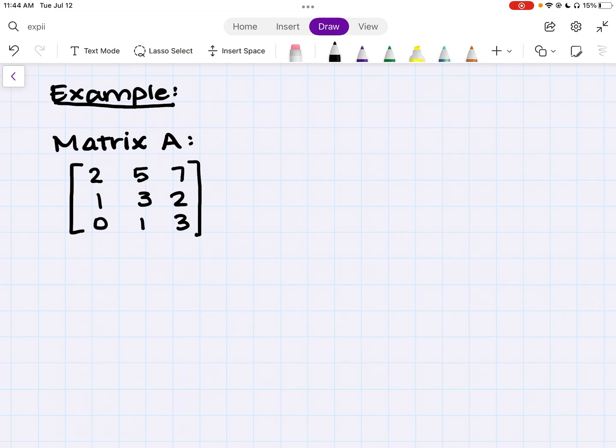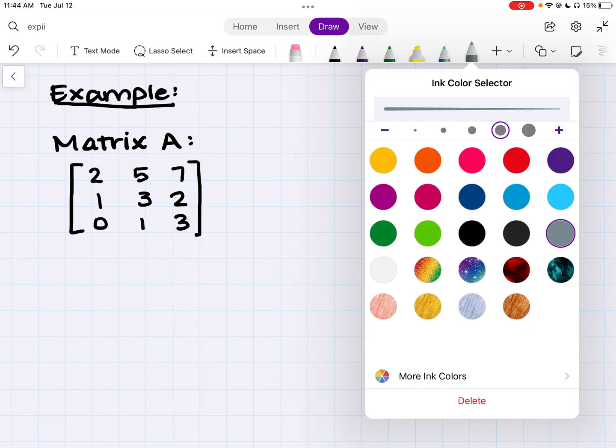And what we're doing is we're multiplying each entry in, let's say, row 2. So let's say we want to multiply row 2 by some constant value. I'm actually going to write this in a different color so it's a little less confusing.